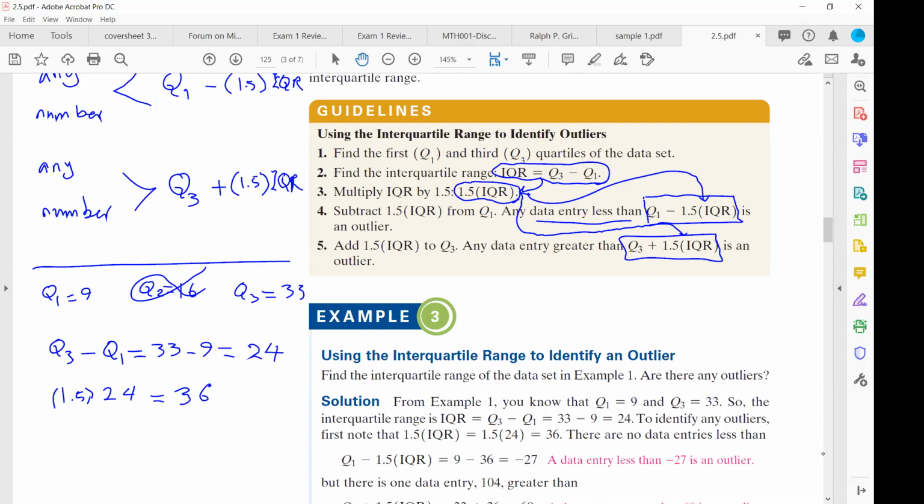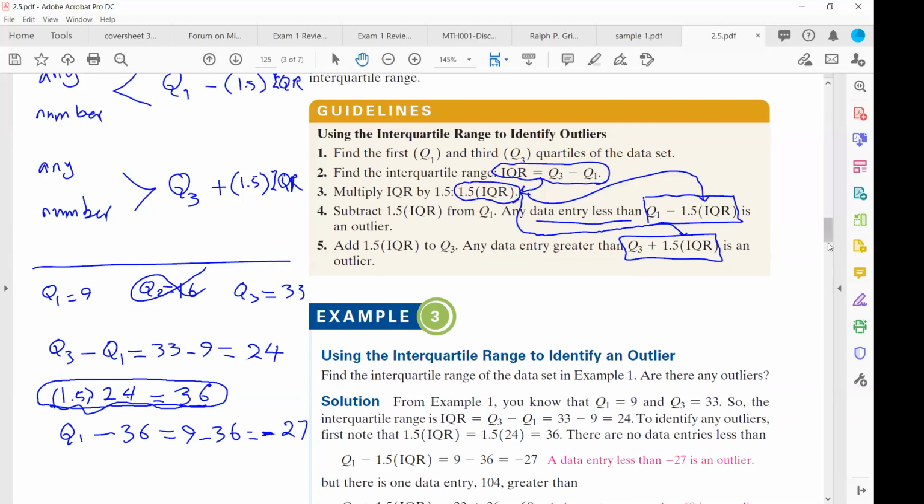Then it says calculate Q1 minus the number that you found by multiplying interquartile range and 1.5, which is 36. So Q1 is 9 minus 36 gives you negative 27. Okay, let us stop here.